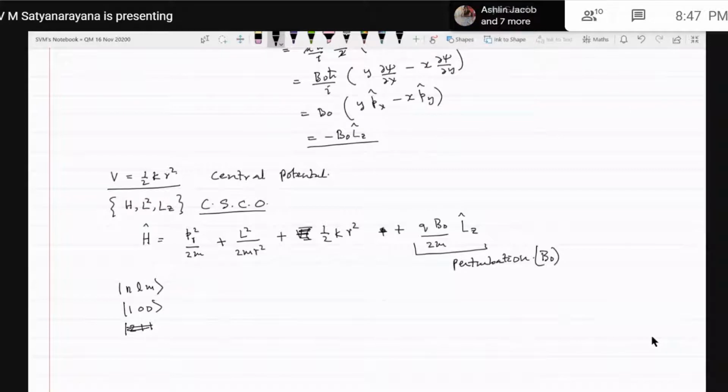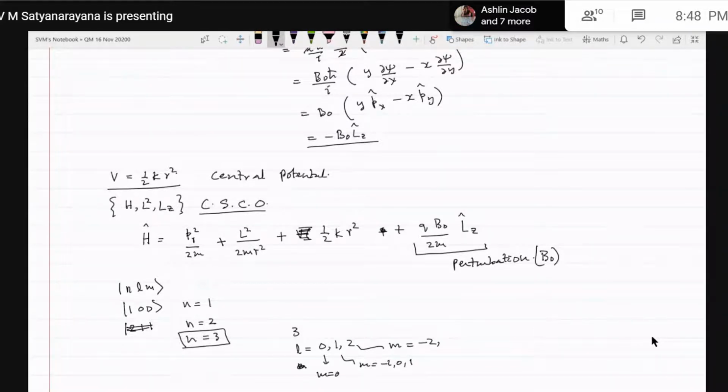That is, n equal to 1 is the ground state, n equal to 2 is the first excited state, n equal to 3 is the second excited state. Corresponding to n equal to 3, your l can be 0, 1, 2. If l is equal to 0, m is 0, and for l equal to 1, m is minus 1, 0, plus 1, and for l equal to 2, m goes from minus 2 onward.